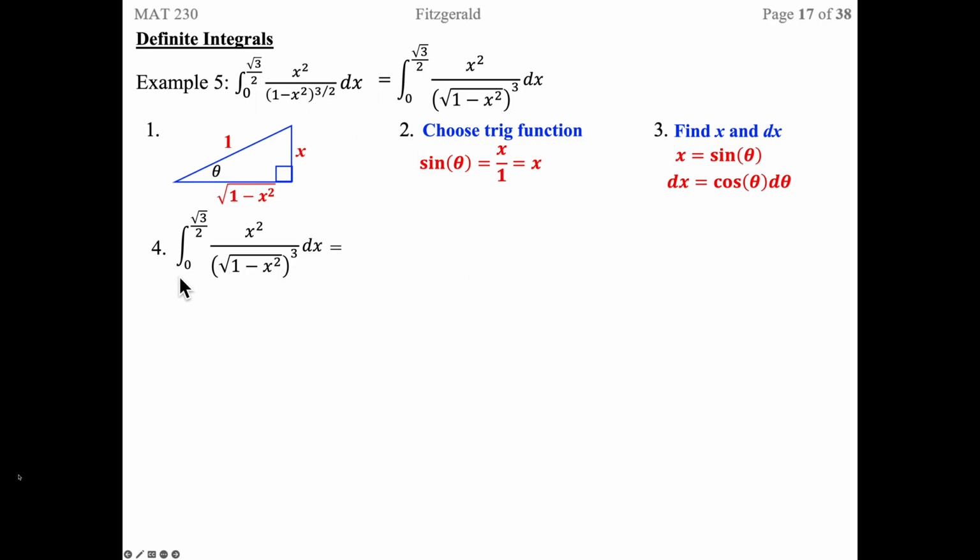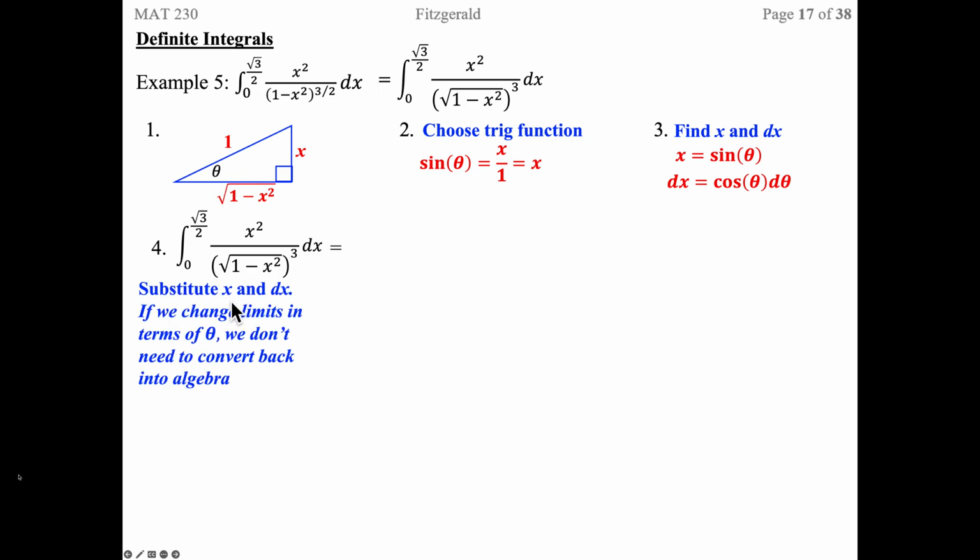All right, next, what we could do is save ourselves a little bit of time. Instead of doing the trig substitution and substituting back in the algebra and then evaluating it, let's just change our lower bound and our upper bound in terms of theta, and then we'll just integrate with respect to theta, plug in our values, and be done. So when x is equal to 0, sine of theta equals 0.